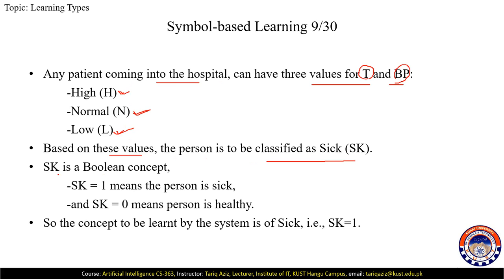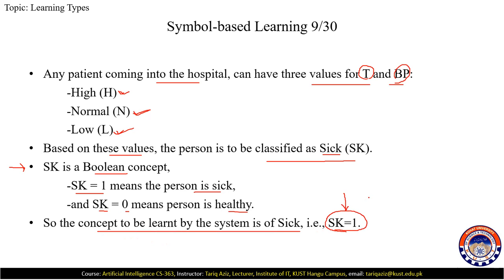We represent sick with SK, which is a boolean value. If SK is equal to 1, the person is sick, but if SK is equal to 0, the person is healthy. So the concept to be learnt by the system is sick, that is SK equal to 1. This is the basic concept we want our learner to learn.